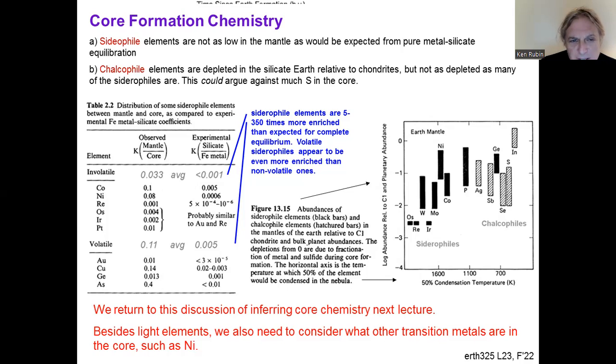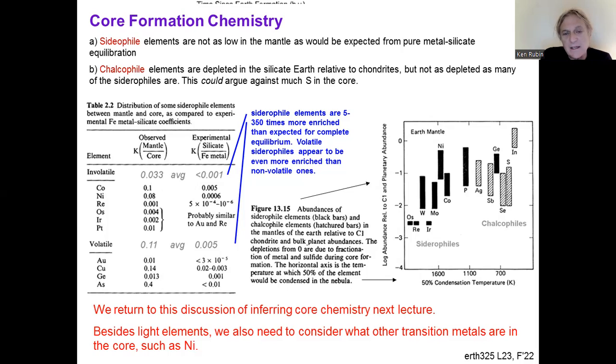And the gist of it is that the siderophile elements are about 5 to 350 times more enriched than expected for complete equilibrium between molten iron and silicate, and volatile siderophiles appear to be even more enriched than non-volatile ones. That tells us it isn't likely that we had a gas-driven scenario, because the volatile ones should be more depleted, not more enriched, if it was primarily driven by temperature.